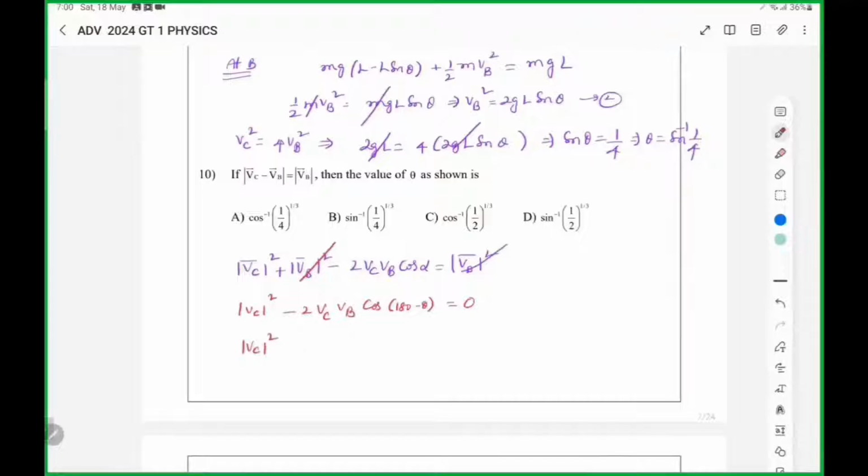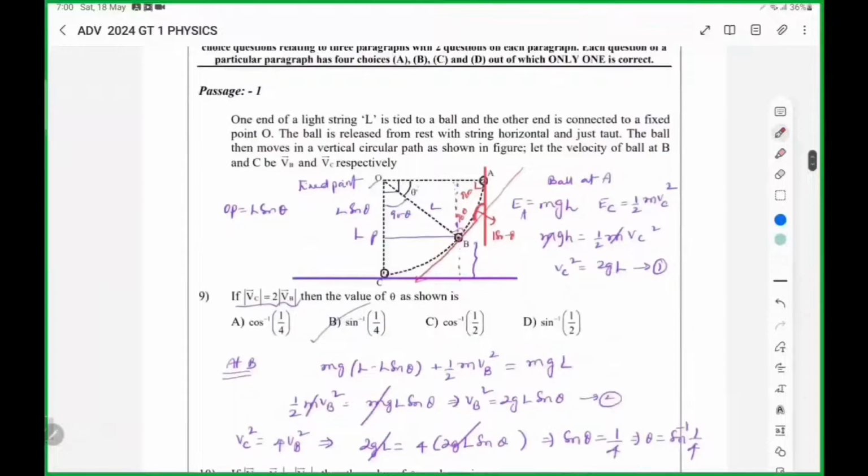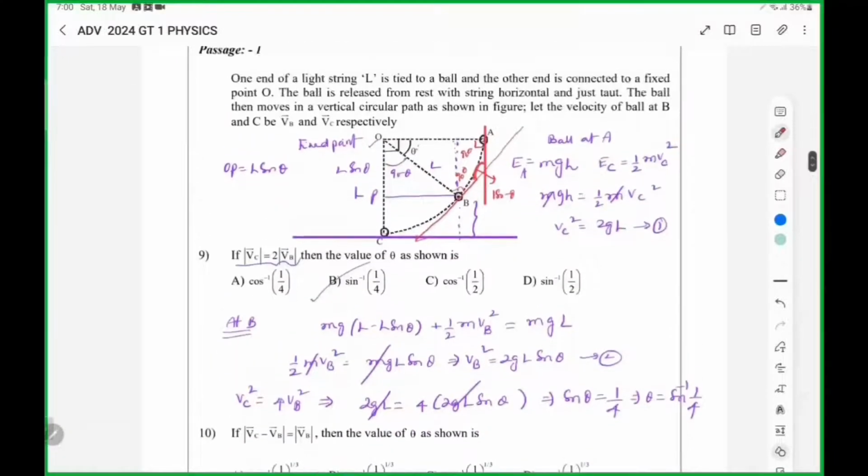So Vc square is 2 times Vc Vb. Angle between, sorry, Vc and Vb, right? It is Vc and Vb.